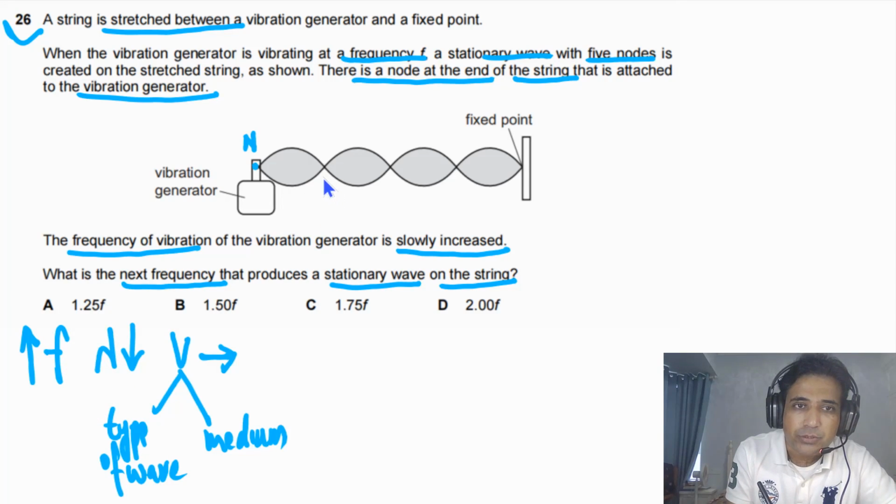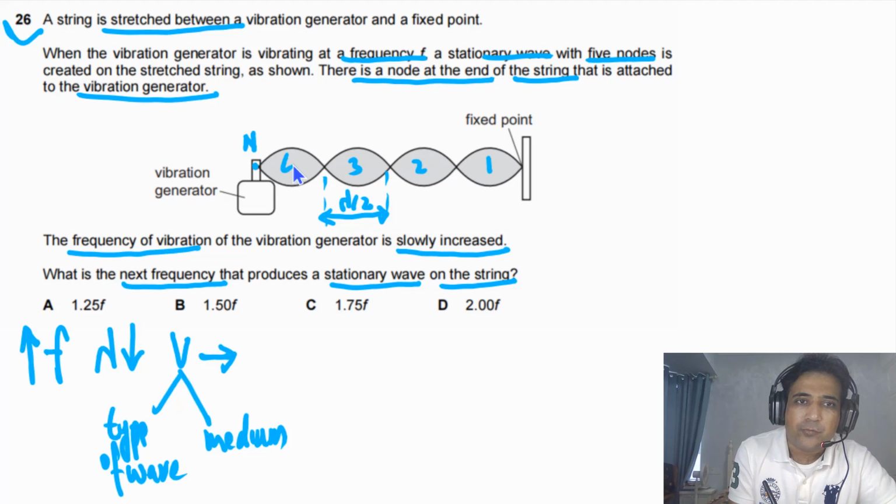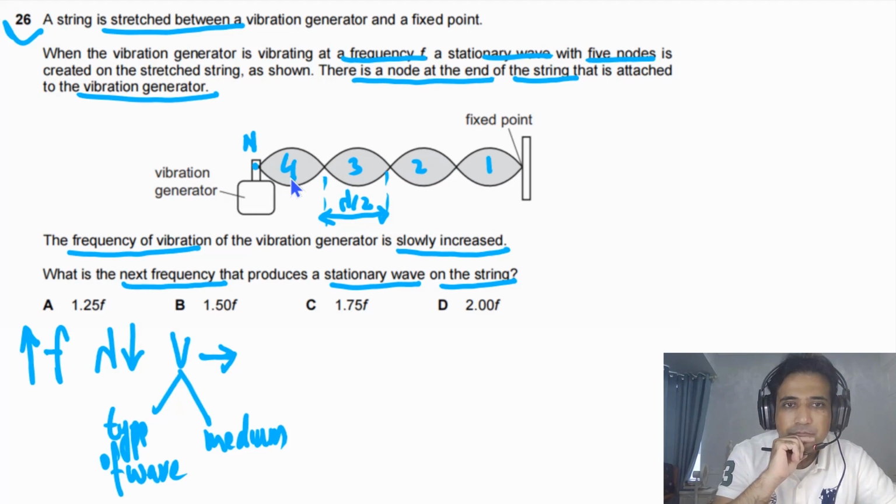And also we need to understand the distance between two consecutive nodes is equal to lambda by 2. So in this case, how many loops we have? We have 1 loop, 2, 3 and 4 loops. So for this one we can find the lambda.